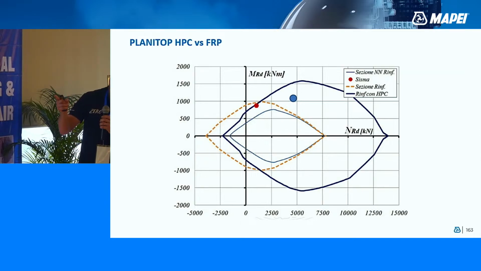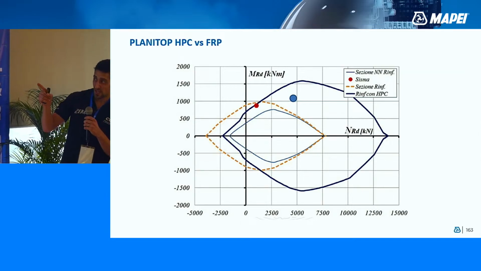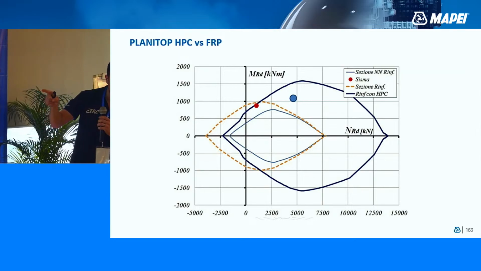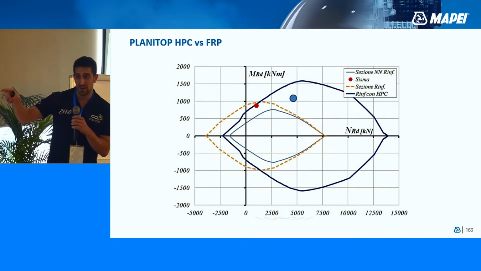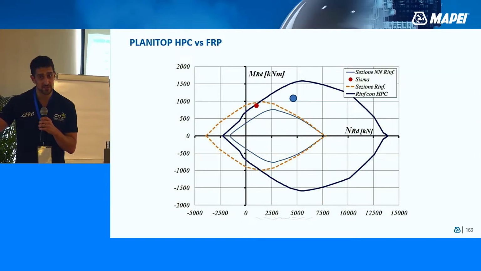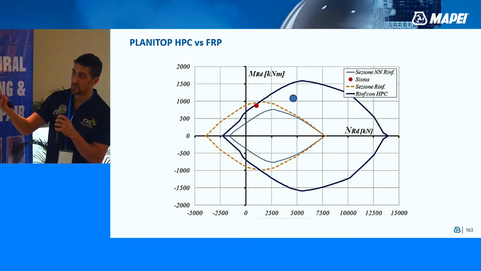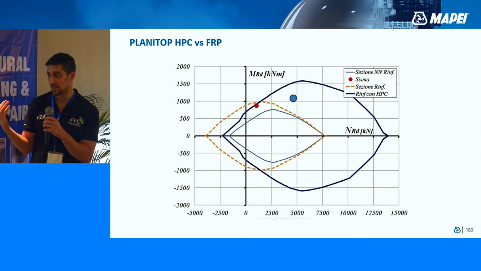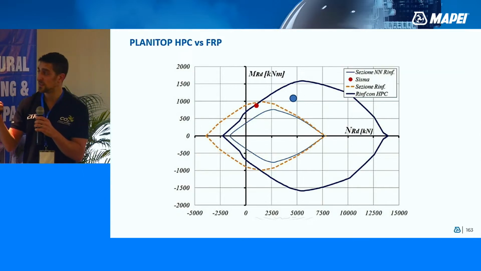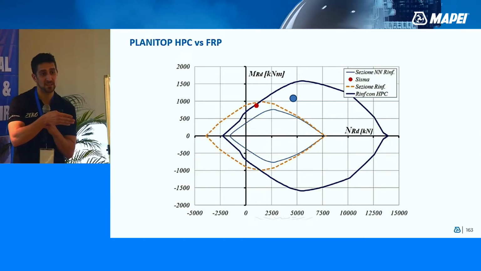So you can see the domain of the section reinforced with FRP in the dotted orange line. And the dark blue is the same section strengthened with Planetop HPC. You can see that the main difference is that Planetop HPC is more efficient in terms of compression, so in axial bending, compression, axial bending. And the FRP is more efficient with respect to the tension capacity.